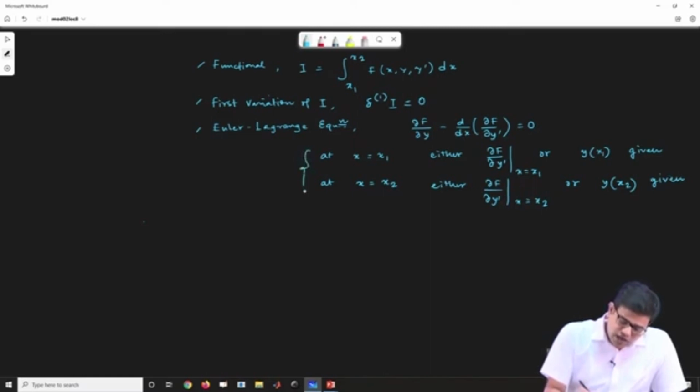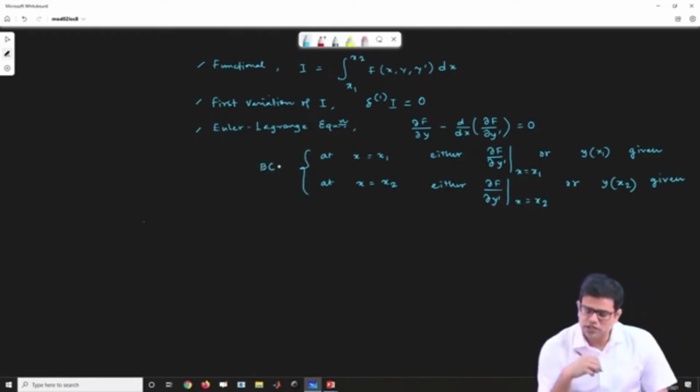The first one is the natural boundary condition or the force boundary condition, and the second one is the Dirichlet or the kinematic boundary condition in case of mechanics.